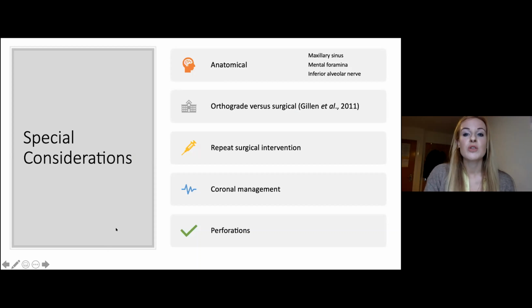In a lot of the literature, repeat surgical intervention was significantly less successful than initial surgical intervention, falling below 50%. And in certain circumstances, coronal management was also indicated. Perforations as well needed to be accommodated for with an additional procedure.